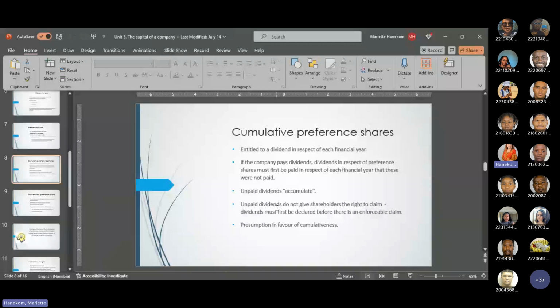Cumulative preference shares, however, have one of the rights which forms part and parcel of this bouquet of rights, which is the right to a certain amount or percentage of dividends annually.